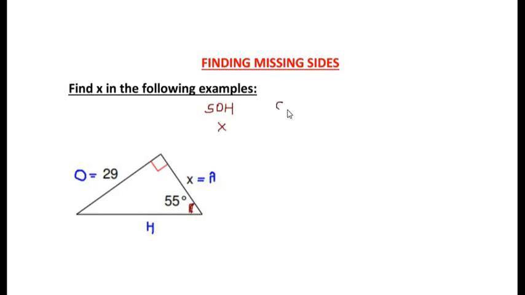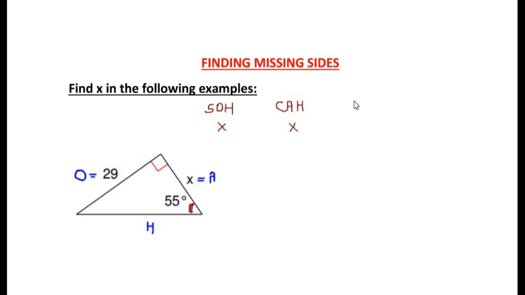Let us check with CA, that is cos. If we are using cos of 55, we have the adjacent which we need to find, yes, but we also need the hypotenuse, which is not given in the question. So here you will be left with two unknown variables, so it will be very difficult to find the adjacent. So we can skip the CA as well.